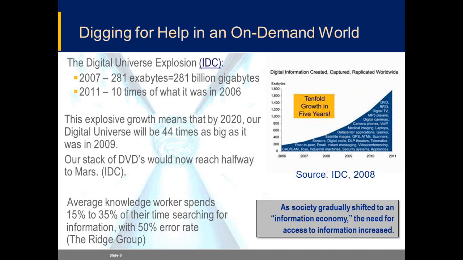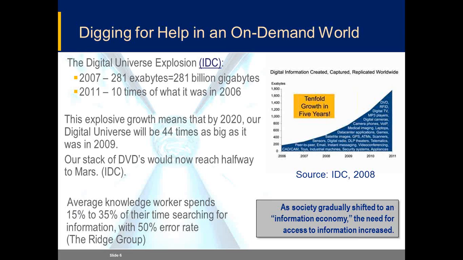But what's happening, because it's growing so dramatically and exponentially, is that it's changing the fact that many folks must be involved from the business as well as IT as far as it relates to creation, data storage, etc. So the reason I bring this up is if you look at the average knowledge worker, a user spends 15 to 35% of their time searching for information with a 50% error rate.